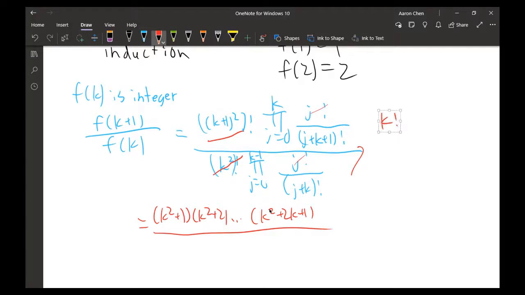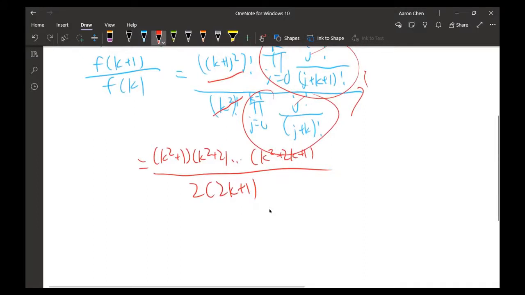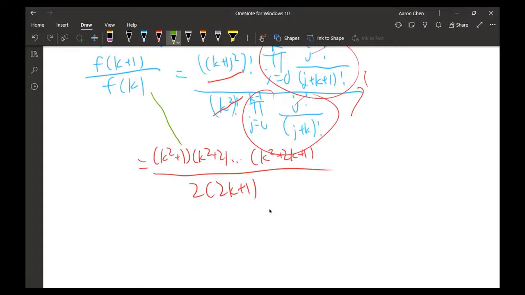What remains when these two products cancel each other out is simply 2 times 2k plus 1. And so now we can see that this fraction is equal to this.